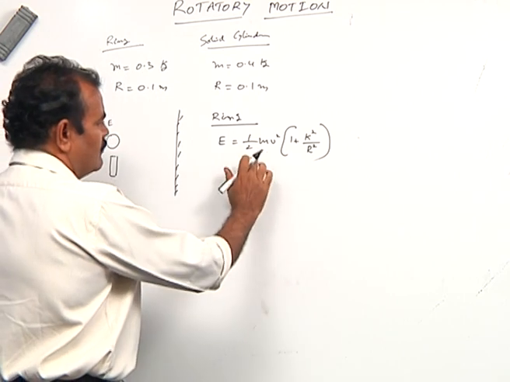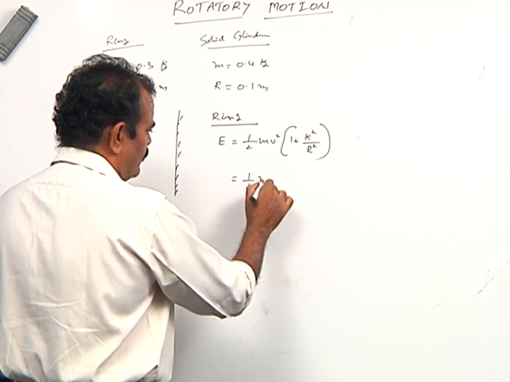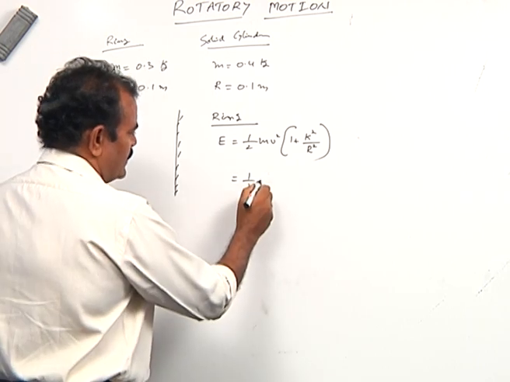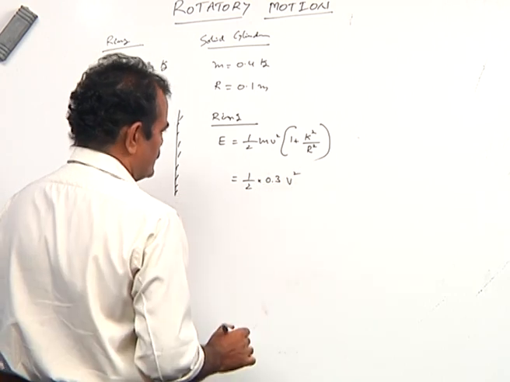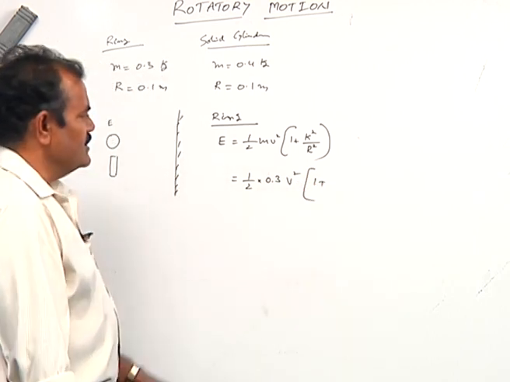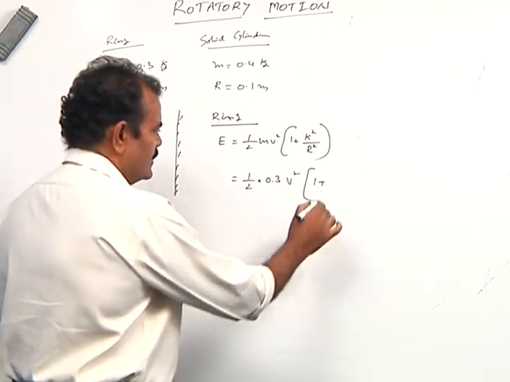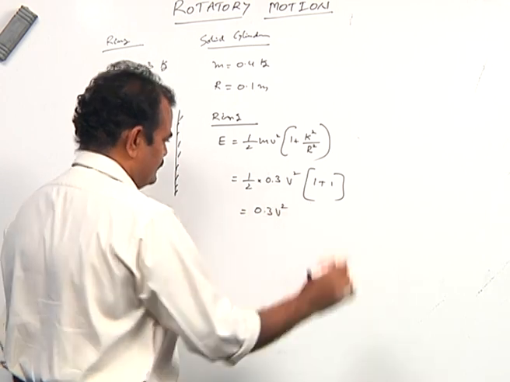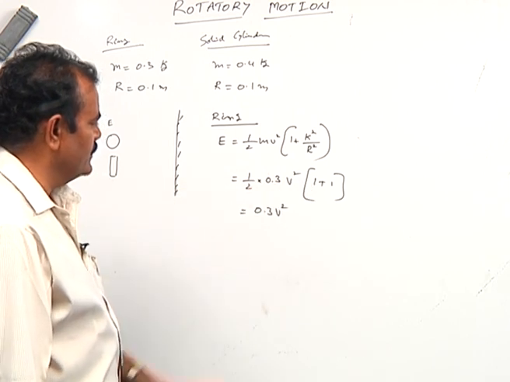For the ring, half mv square with mass 0.3, and 1 plus k square by r square, which for a ring is nothing but 1, as we got just now. So it will be 0.3 v square, as the 2 is cancelled.